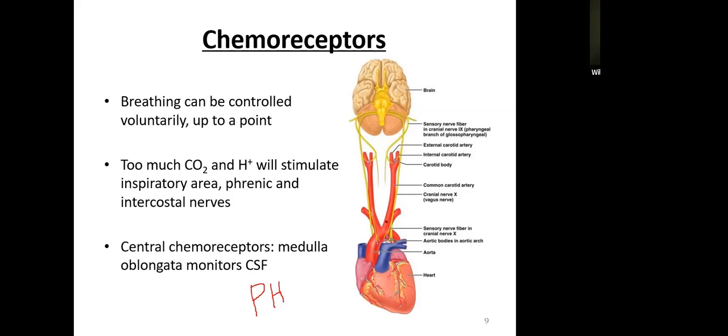If we look at a very basic schematic here, we've got the brain and the sensory nerve fibers. Here we can see the vagus nerve coming down through the carotid sheath, down via the carotid artery. And then here it's going to loop round and become the recurrent laryngeal. So you've got the left side and the right side.